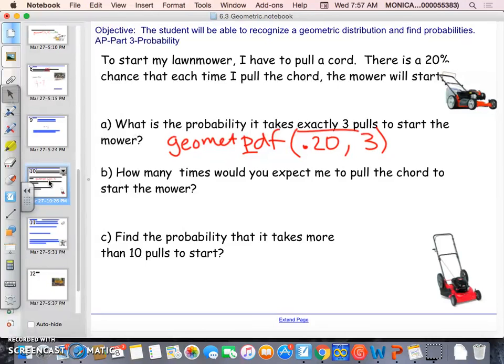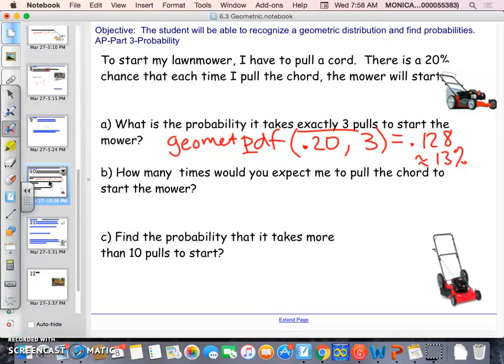Make sure, again, that your calculator is in radians and not degrees, because my geometry class is changing to degrees now because we're doing trig. So make sure you've got that correct. And you should have gotten about 0.128, which is approximately 13%. So 13% of the time you'll start the mower with 3 pulls.